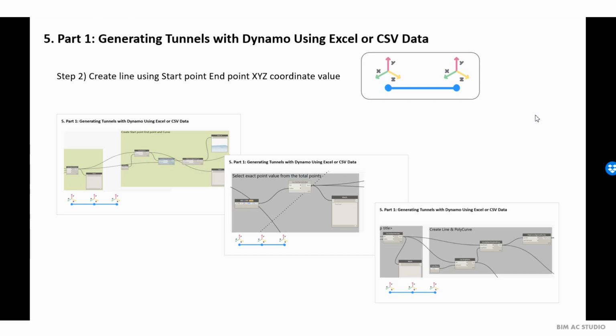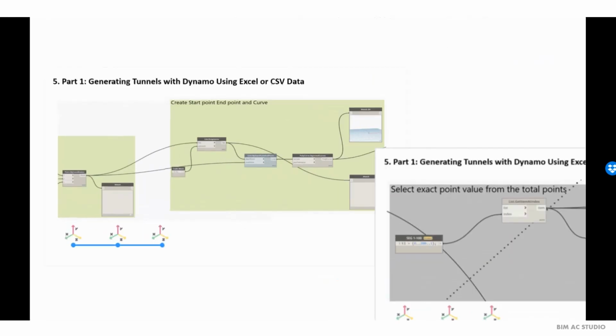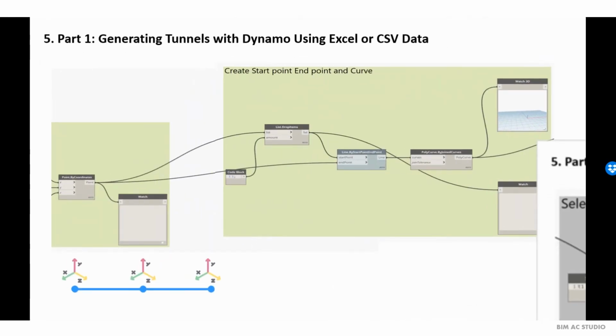Alright, so after we have created the XYZ coordinate point in Dynamo, here is step number 2: we need to create a line using the start point and end point XYZ coordinate values. This slide is especially for the Excel data user.